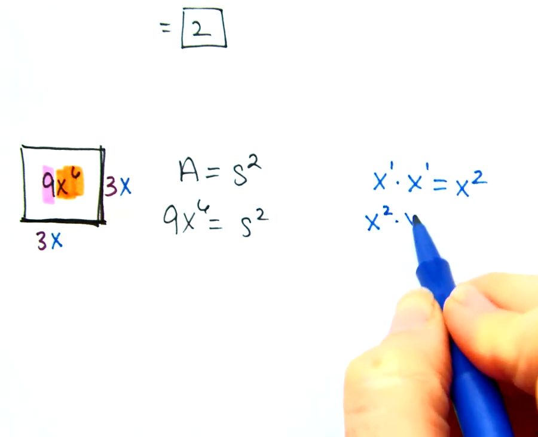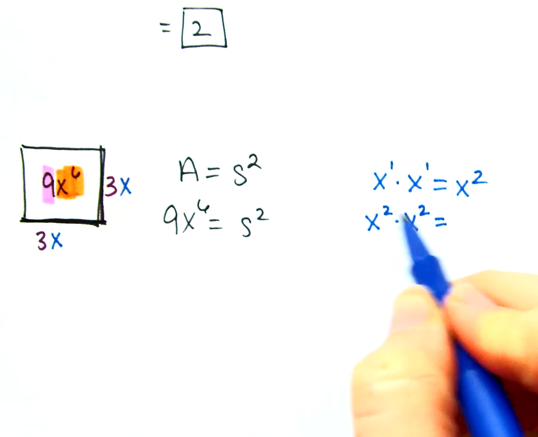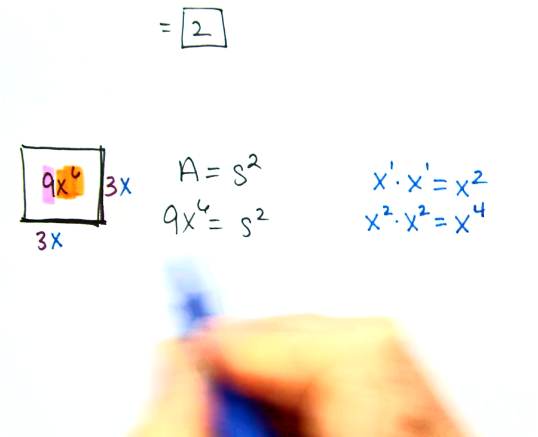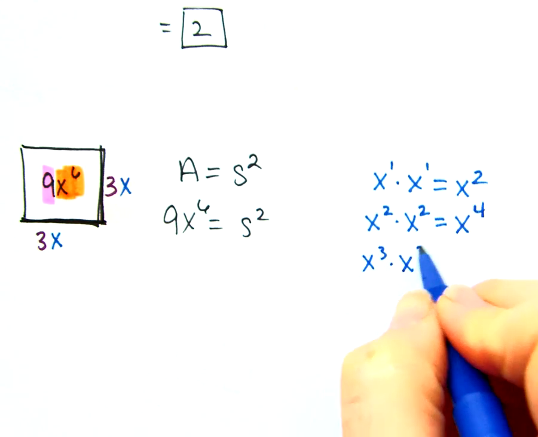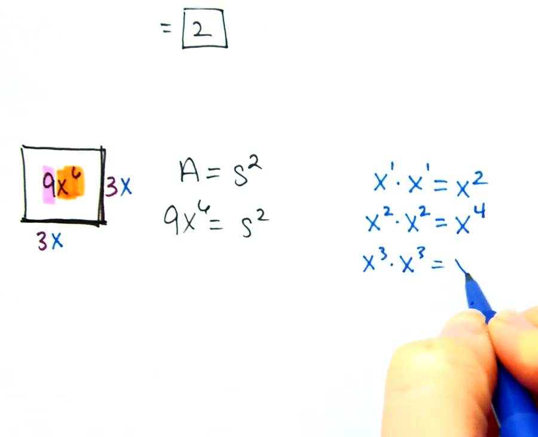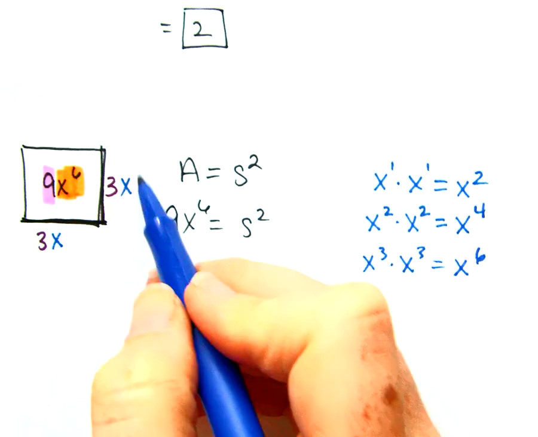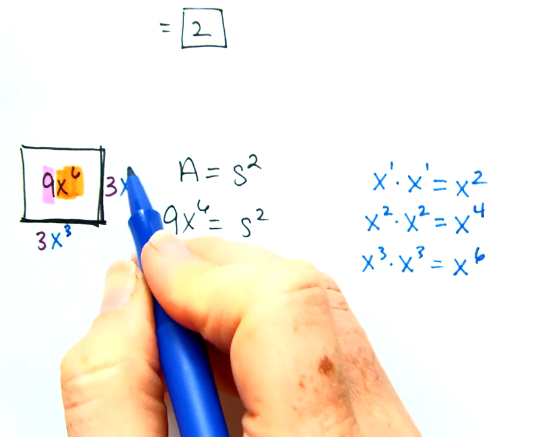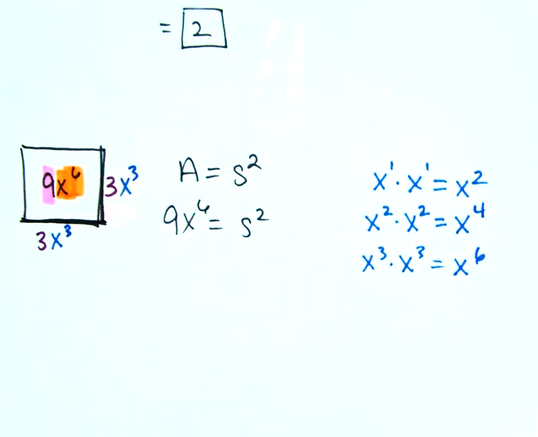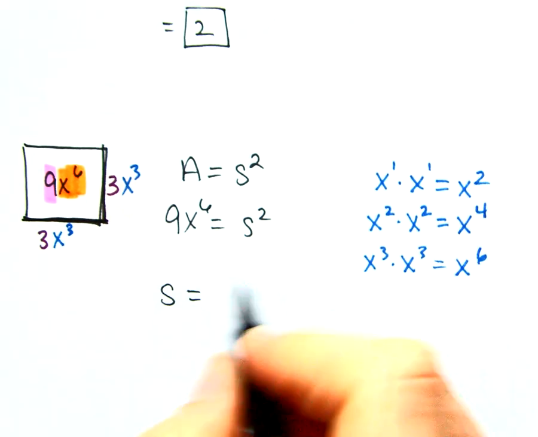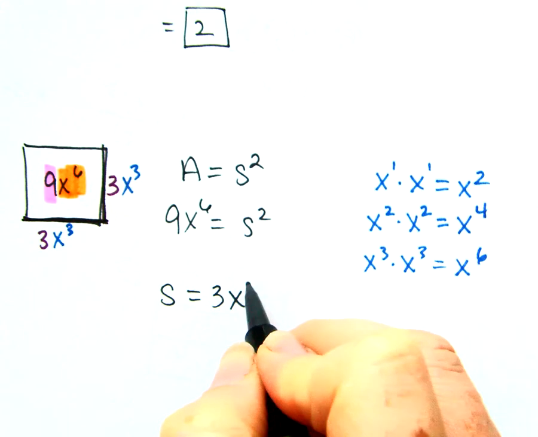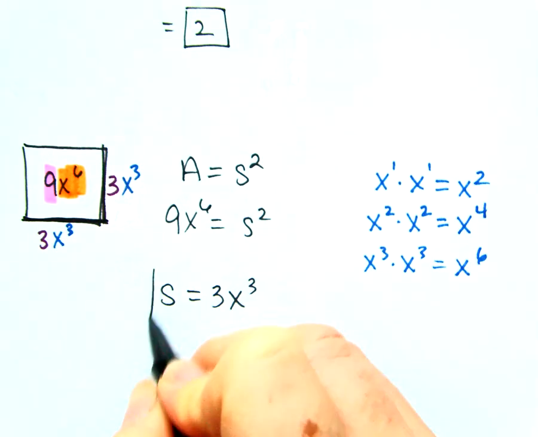So x squared times x squared would be 2 plus 2, which is 4. Still not enough to be 6. X cubed times x cubed, 3 plus 3 is x to the 6th. So each one of these has to be x to the 3rd. So that tells me that the side length for a square with an area of 9x to the 6th has to be 3x to the 3rd.